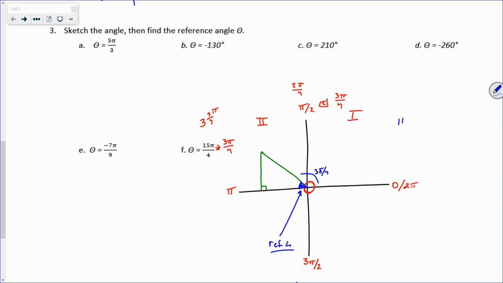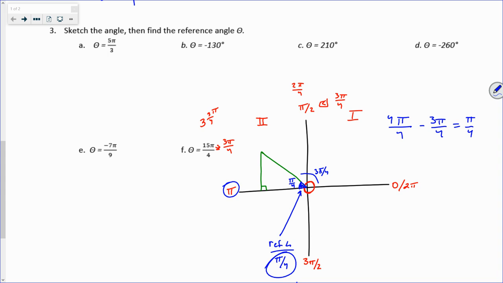So if we make pi 4 pi over 4, that's equal to this pi, and we subtract out 3 pi over 4, we are left with 1 pi over 4, or just pi over 4 in this angle. So our reference angle that we would calculate would be pi over 4.